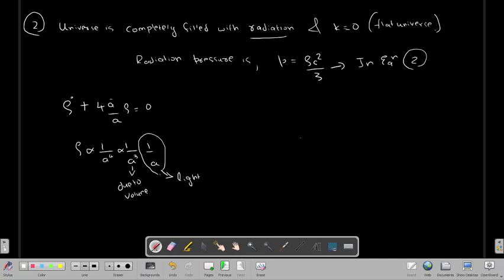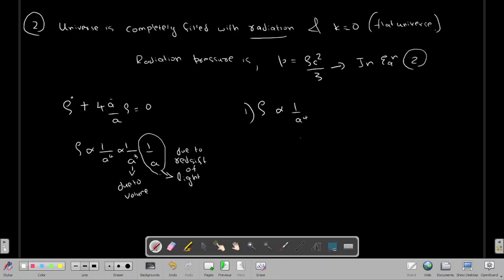So this is due to the stretching of light, which we call the redshift of light. Due to redshift of light, this thing is happening. So here you will get that rho is proportional to 1 upon a to the power 4.